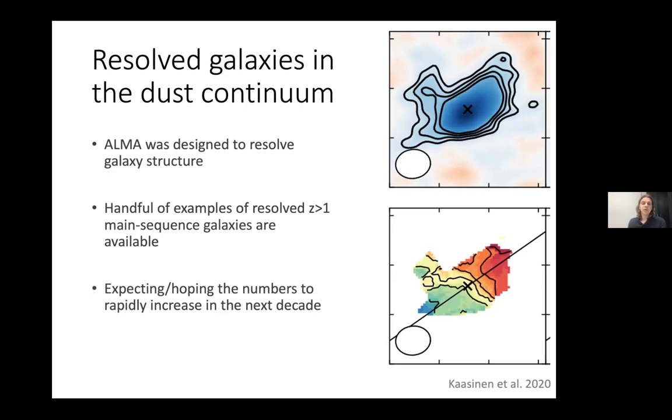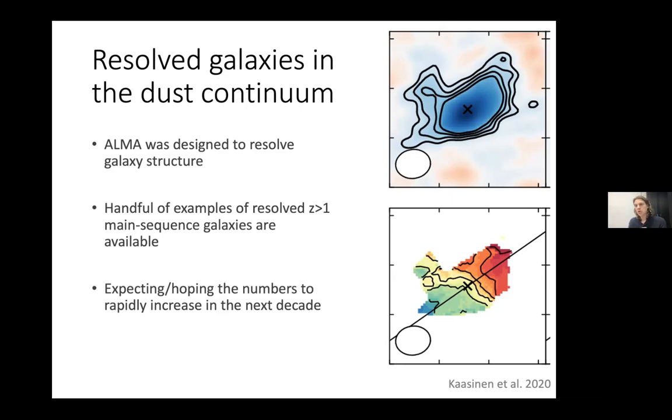In the last few years, there have been a handful of examples of resolved galaxies above redshift 1 or resolved main sequence galaxies. On the right-hand side, I'm showing an example from work by Melanie Kaasinen. This is actually a CO map, but what you see here is a main sequence galaxy resolved in about 3-4 resolution elements. And on the bottom panel, what you see is the moment 1 map, the velocity map.